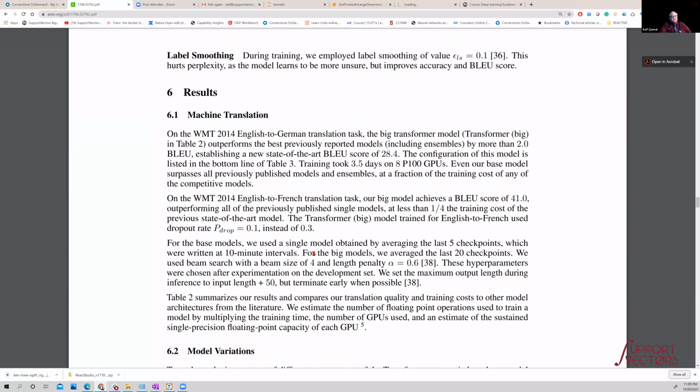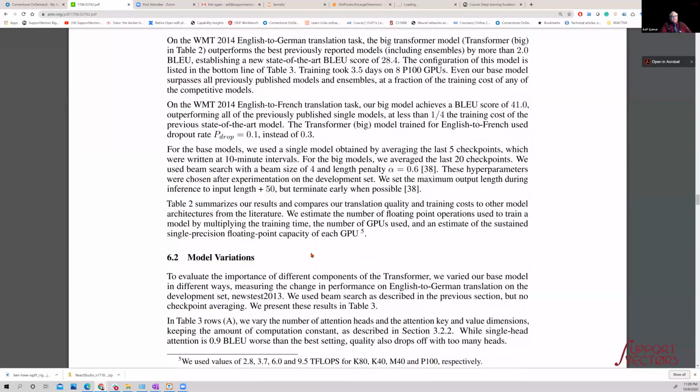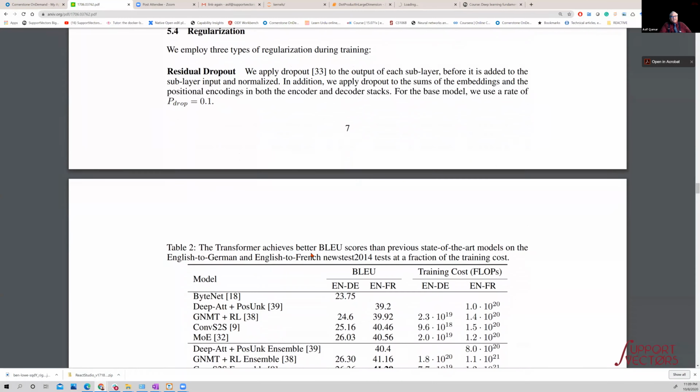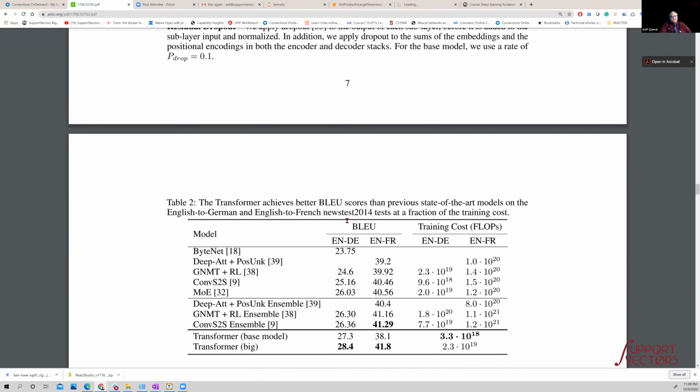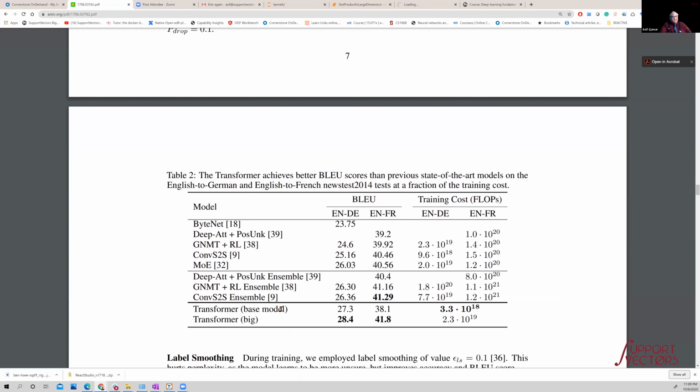The machine translation results are, and so there are some results they have produced. And the accuracy of translation, there is a benchmark called the BLEU. And so in the BLEU benchmark, you can see what the transformer models do to the state of the art when you take a big model.